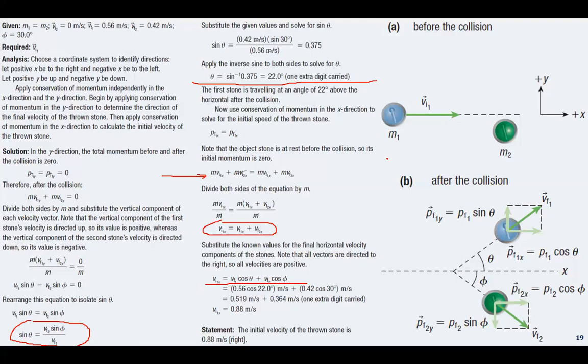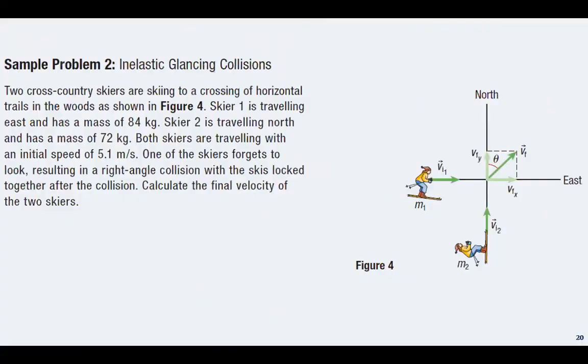Okay, if no questions, let's consider another sample problem here, which is about inelastic collisions. So in this problem, we have two cross-country skiers who are skiing to a crossing of horizontal trails in the woods, which is shown here in figure 4.